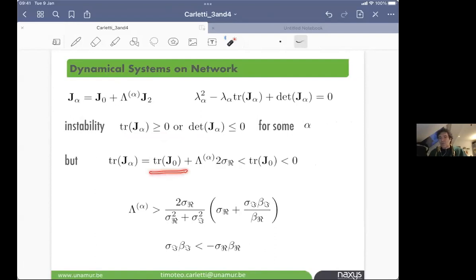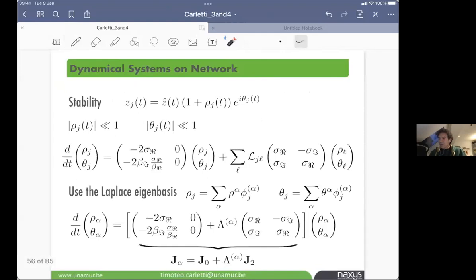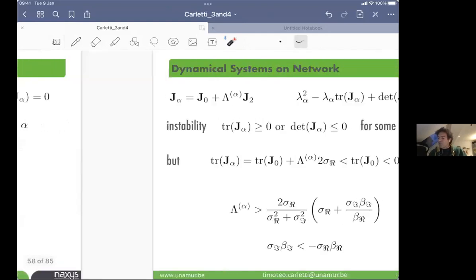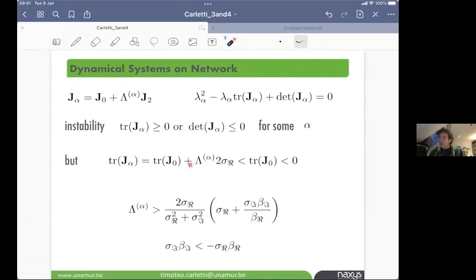But remember, what is the trace? It is the trace of J0 plus the trace of this part J2, but the trace of this part J2 is lambda times this part over here. And so the trace of J2 is only lambda alpha times two times the real part of sigma. But I showed you that the real part of sigma is positive, because otherwise you don't have stability.